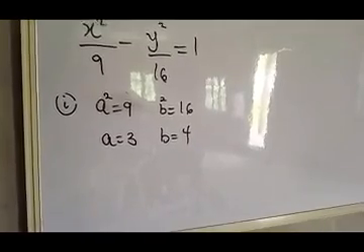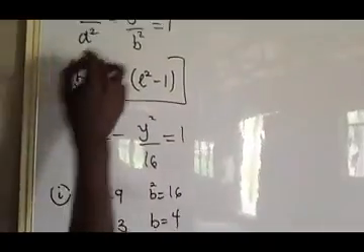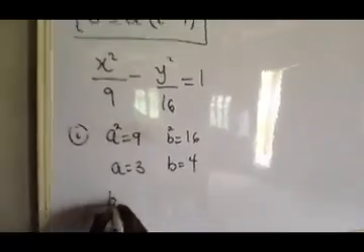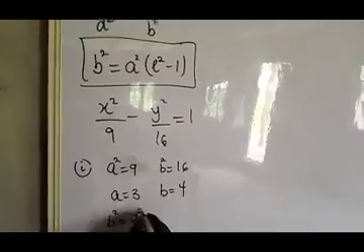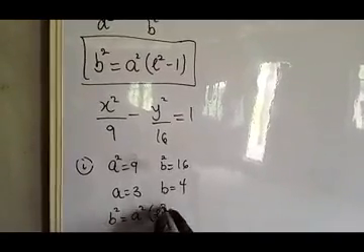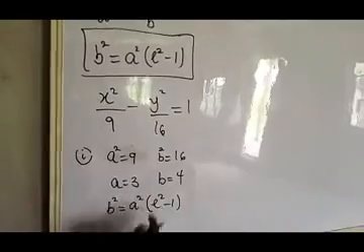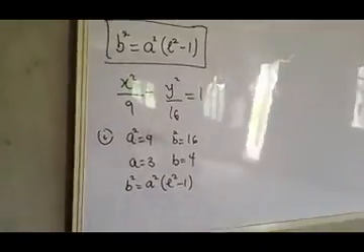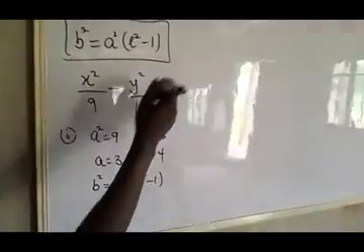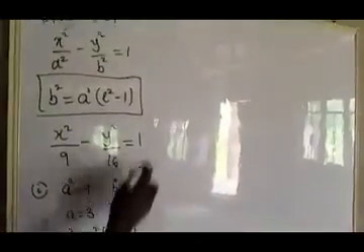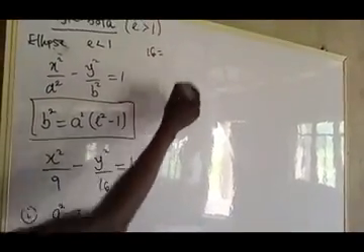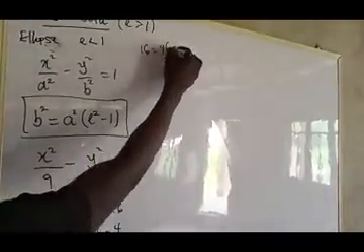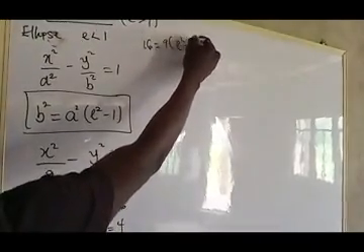For you to get your eccentricity, you apply this formula: b squared equals a squared open bracket e squared minus 1. How will you apply it? What's your b squared? 16 equals, what's your a squared? 9 open bracket e squared, which is what you are looking for, minus 1 close bracket.